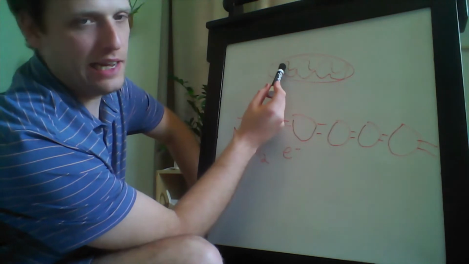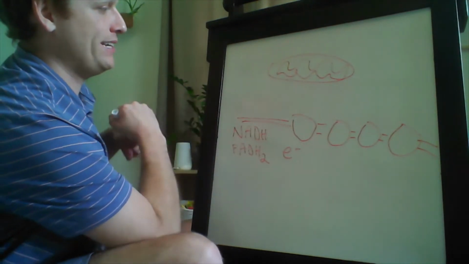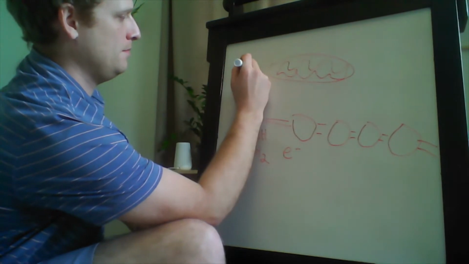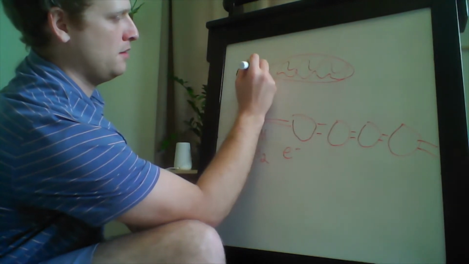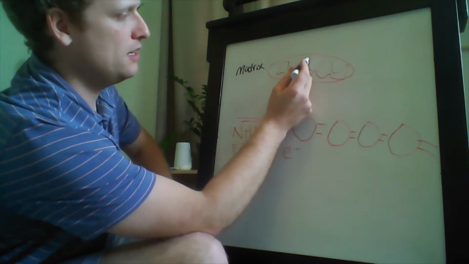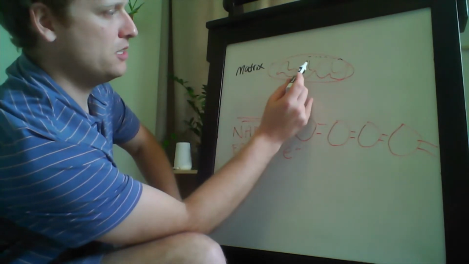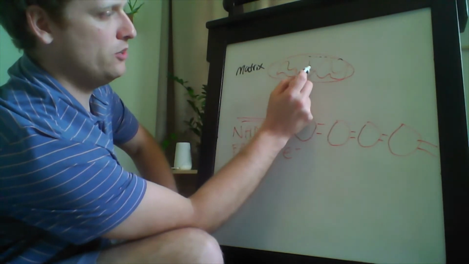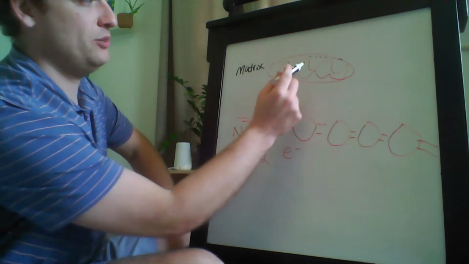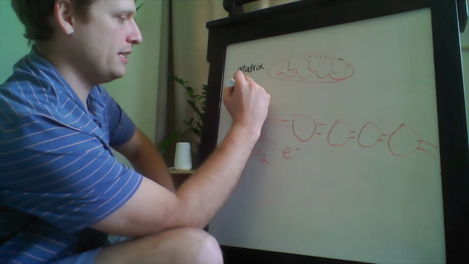Inside that inner membrane is a space called the mitochondrial matrix. And in between these two membranes, the two phospholipid bilayers, is a space called the intermembrane space. Let me write that.